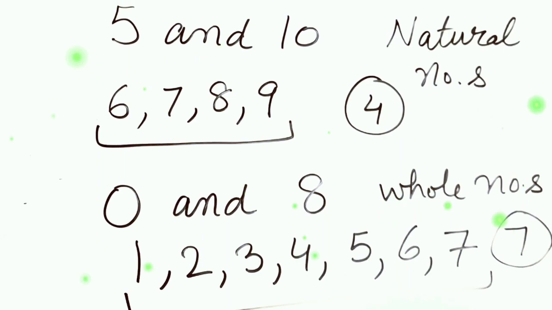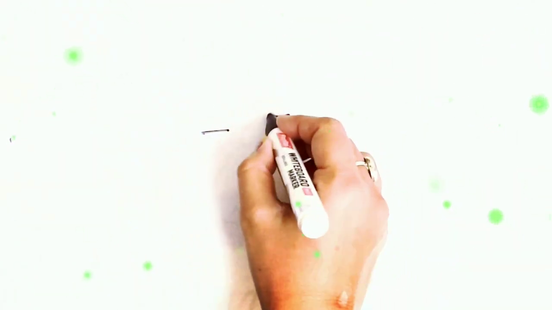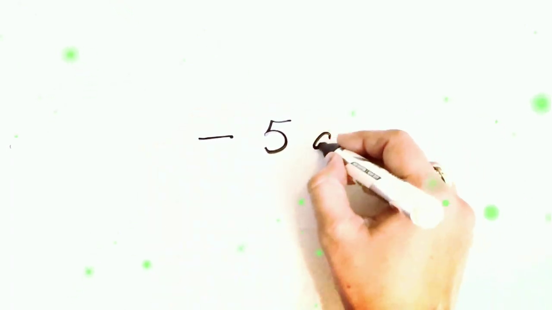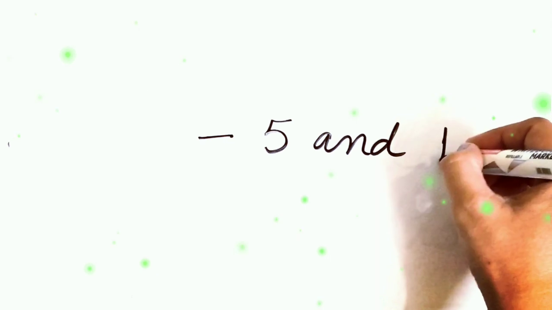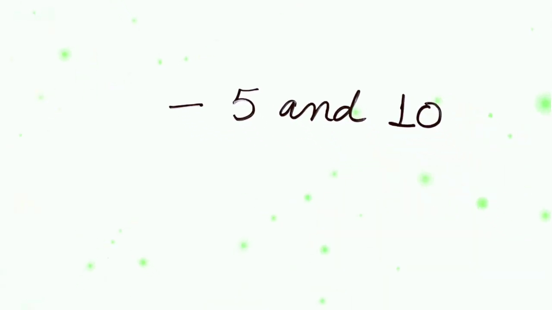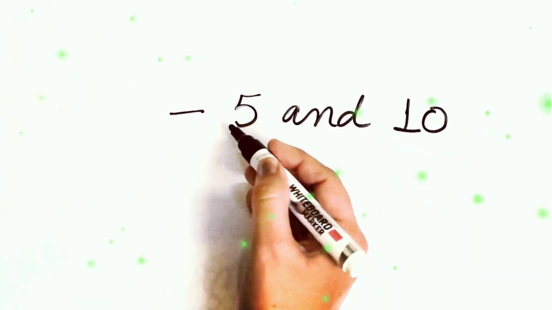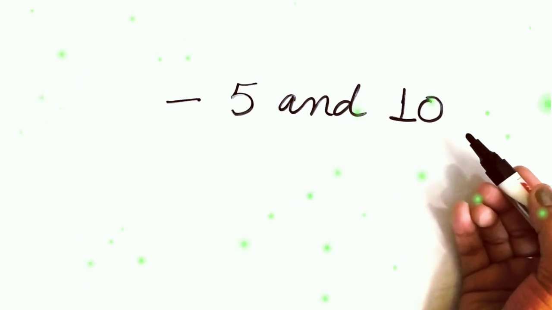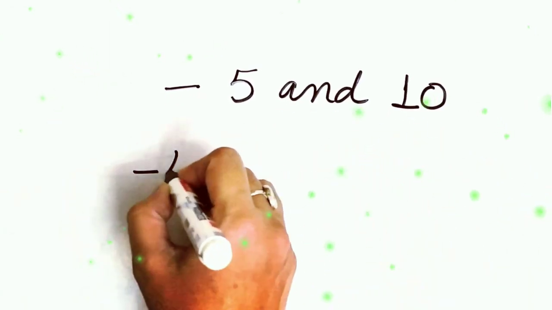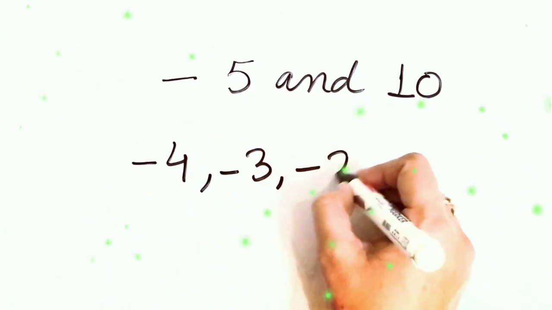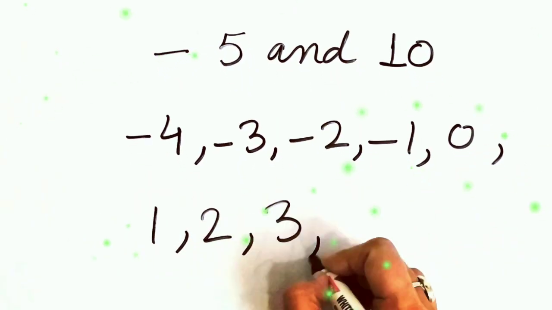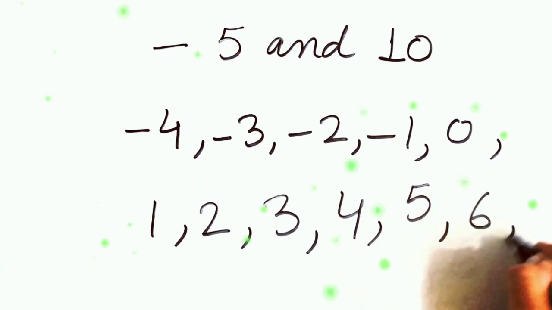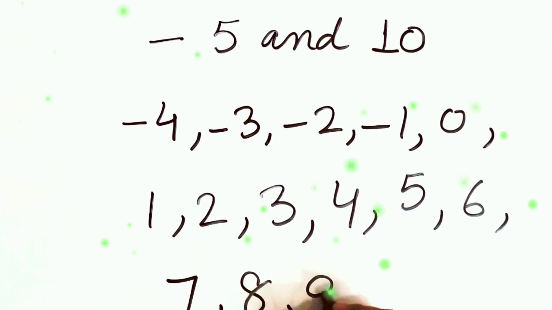Now let's talk about integers. If I tell you to write any 2 or 3 integers between -5 and say 10, you can write so many integers between them, right? Between -5 and 10 there lie so many integers like -4, -3, -2, -1, 0, 1, 2, 3, 4, 5, 6, 7, 8 and 9.